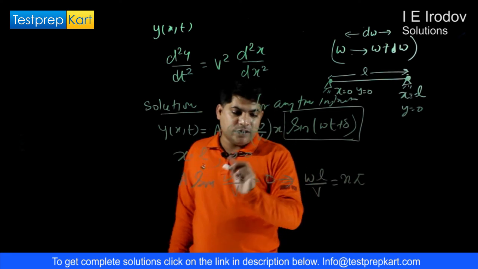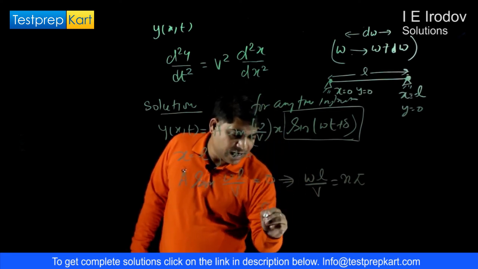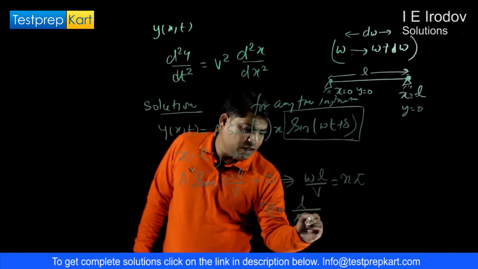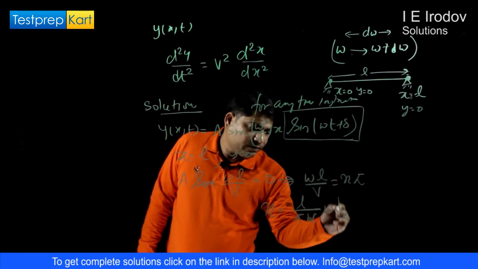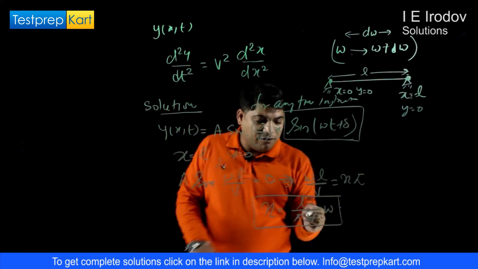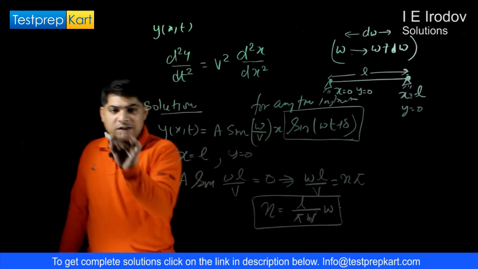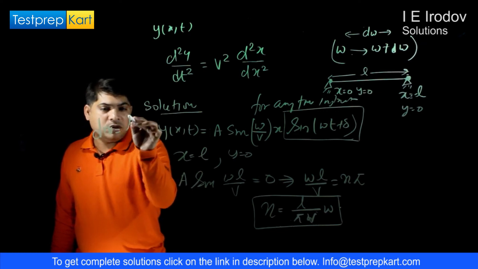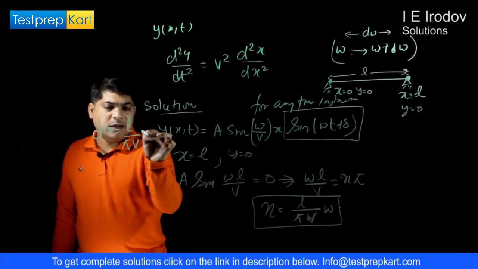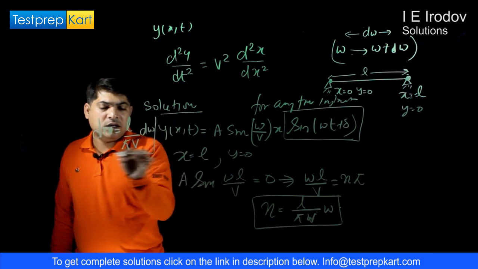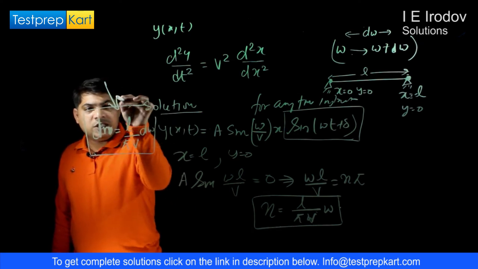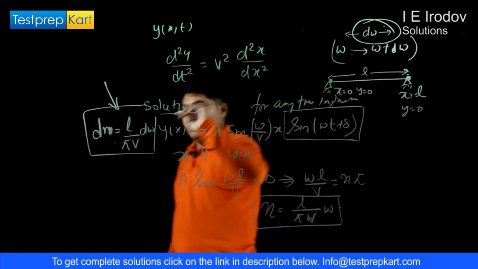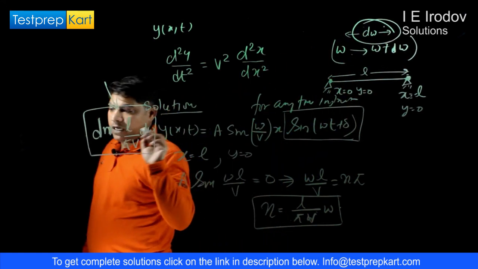So from here we can write n is equal to L over pi v into omega. If we differentiate this equation, we get dn is equal to L over pi v into d omega. So this is the number of natural vibrations in this frequency range of d omega: L over pi v into d omega.